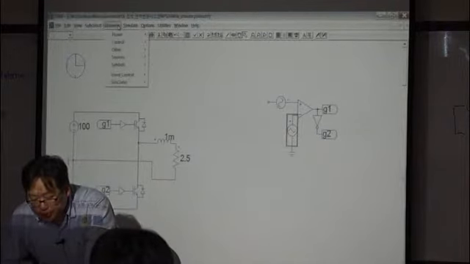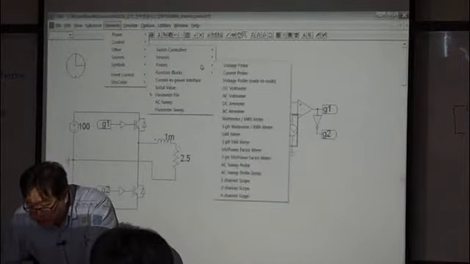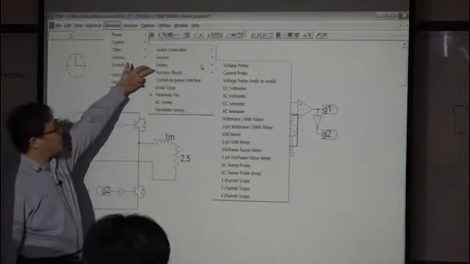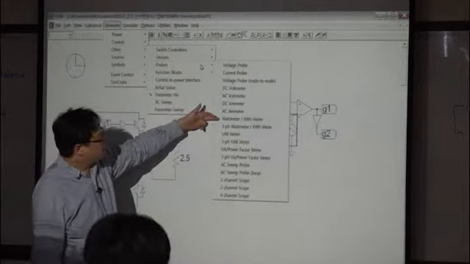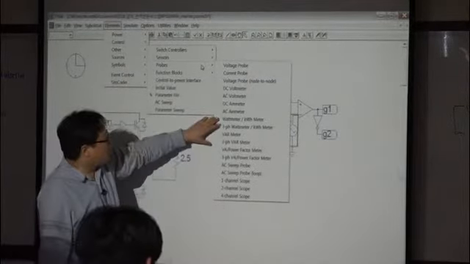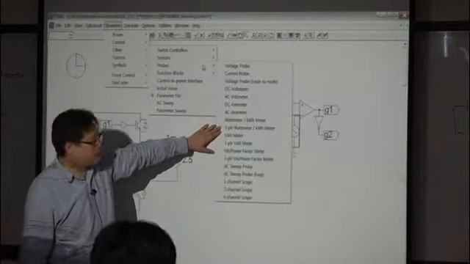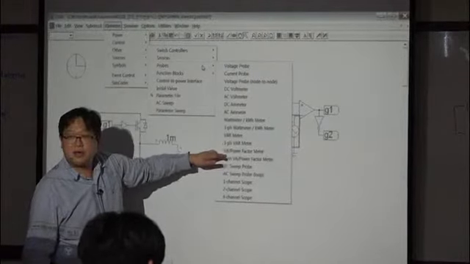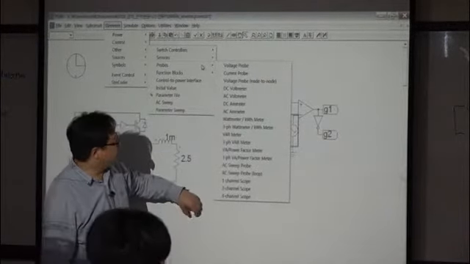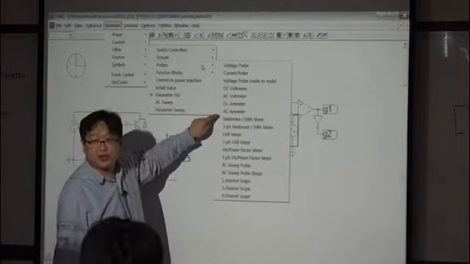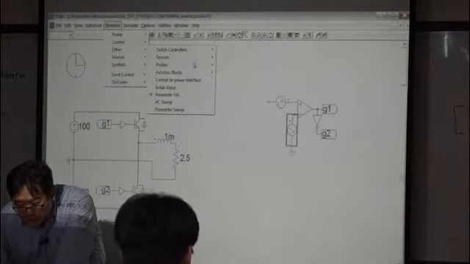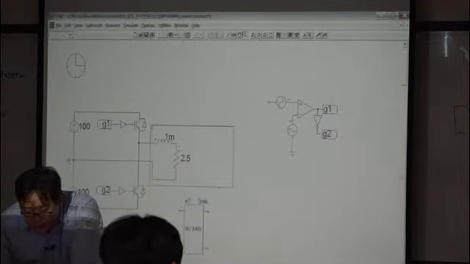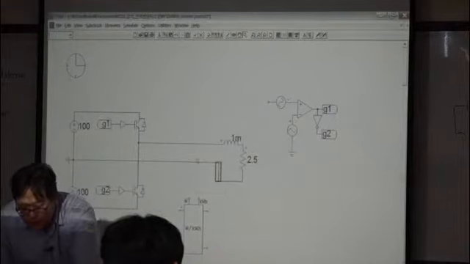Then if you check the element, other, and probe, you can see many meters. Here we have a wattmeter, a three-phase wattmeter, a VAR meter, and VA. This is the apparent power. Then let's see the wattmeter here. Bring the wattmeter and insert it here.